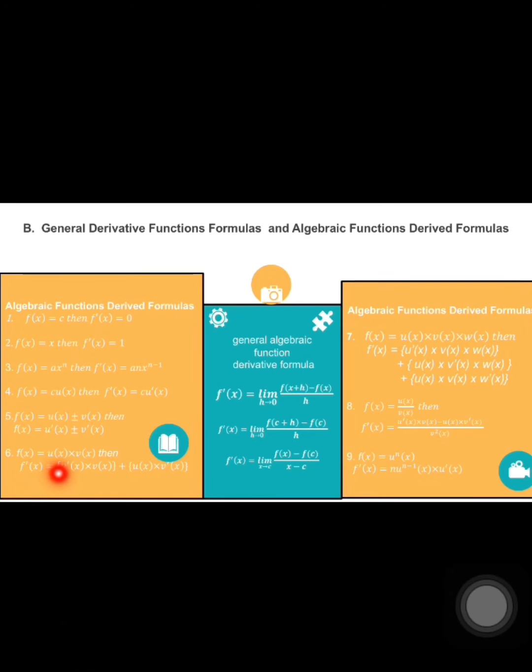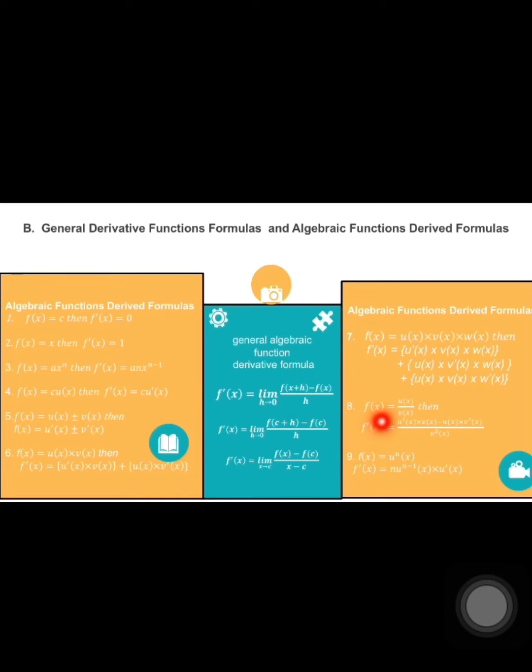If there are multiplication of u of x times v of x, the derivative is f prime x equal u prime x times v of x plus u of x times v prime x. And 7. If there are multiplication of more than 2 functions, then we just need to solve using the formula in point number 6. 8. Formula for division of function.